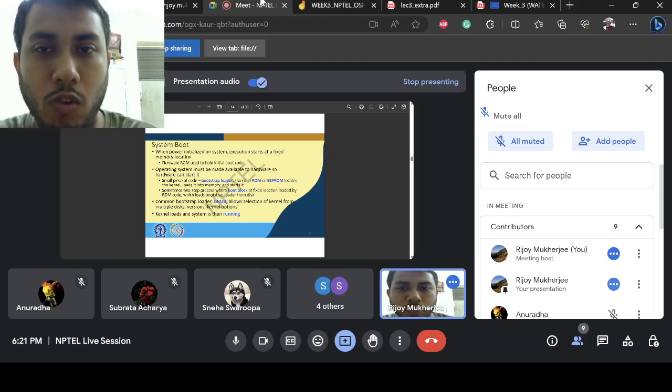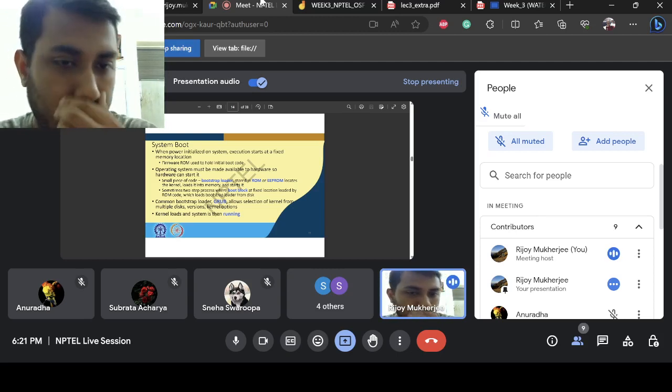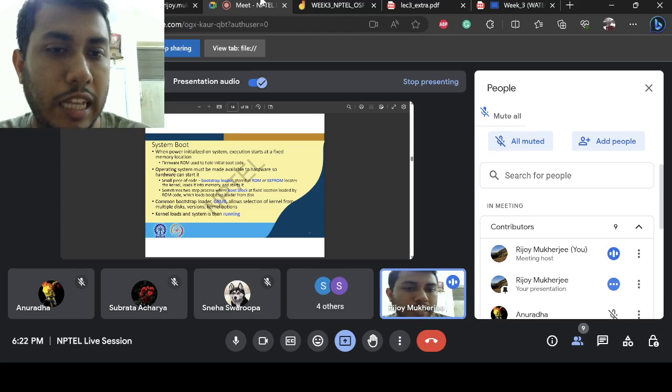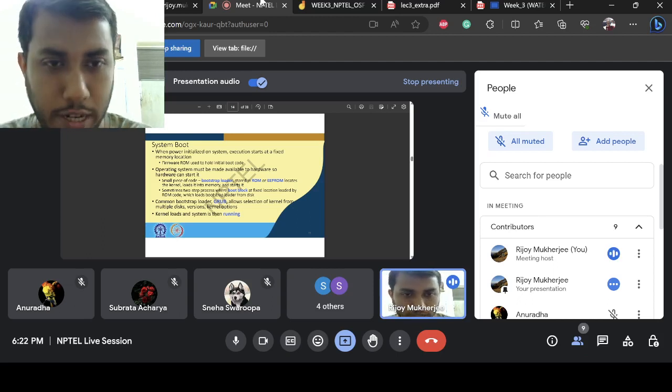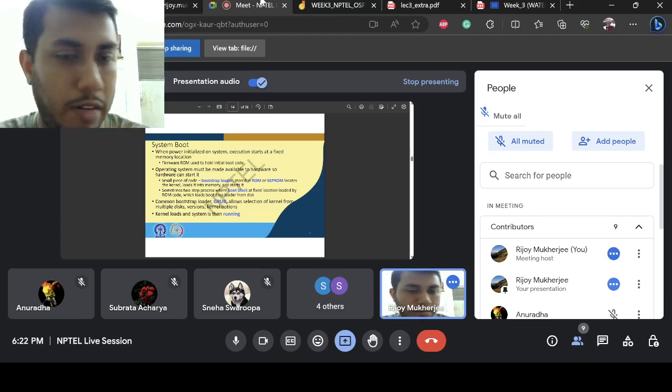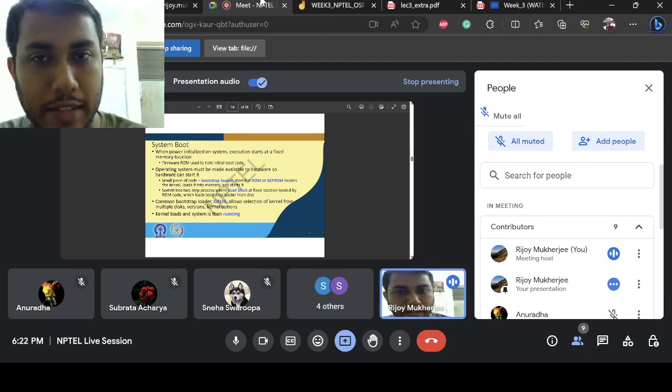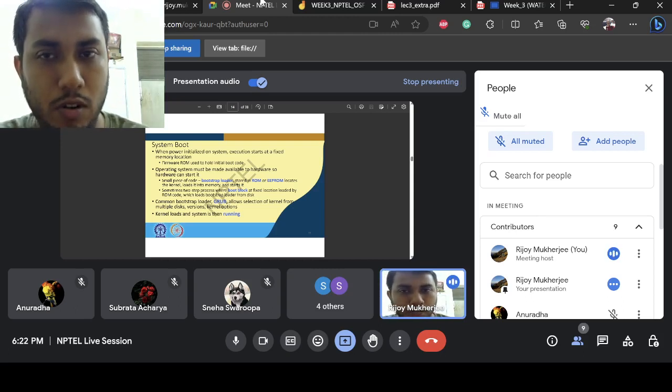That is a small piece of code, and then your booting process starts. After the init process, the other processes required to run the OS get executed, and then your system boots. That small piece of code is called the bootstrap loader.